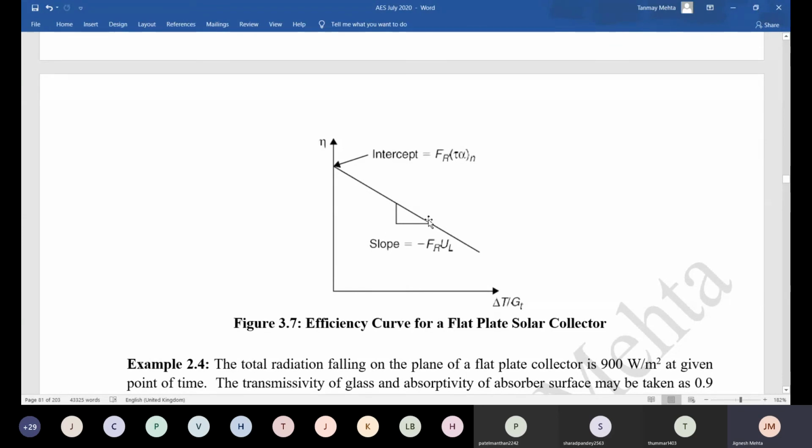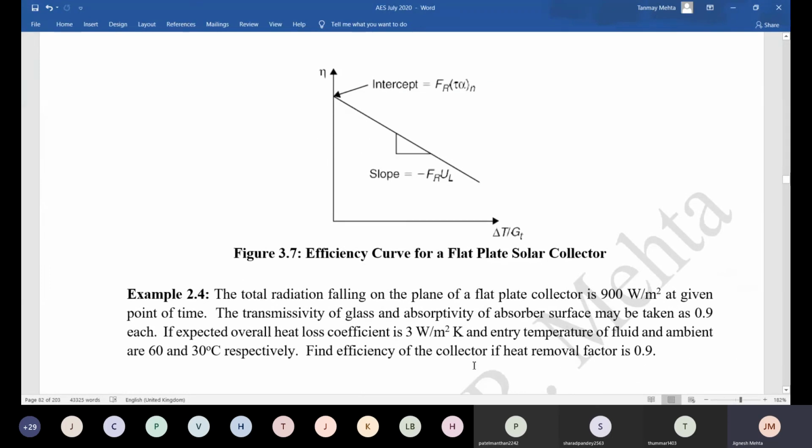But you will draw a best fitting line, and if your test is good, then the R square value would be high. With such a good testing, you can fit a line through those points, and then you can give the equation of the line as the characteristic curve of your solar collector, which gives you the efficiency based on delta T upon GT. Okay, so that is about the efficiency.